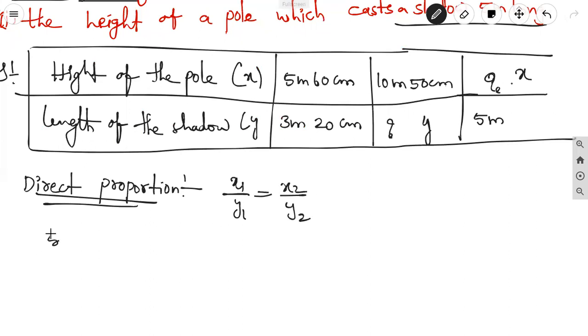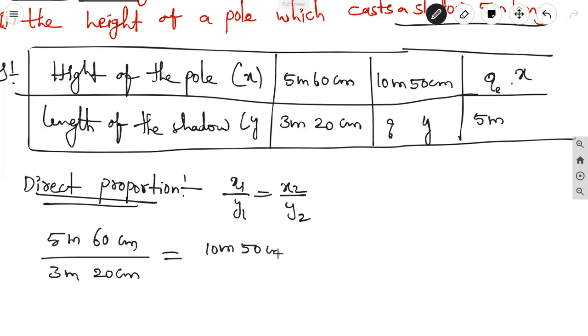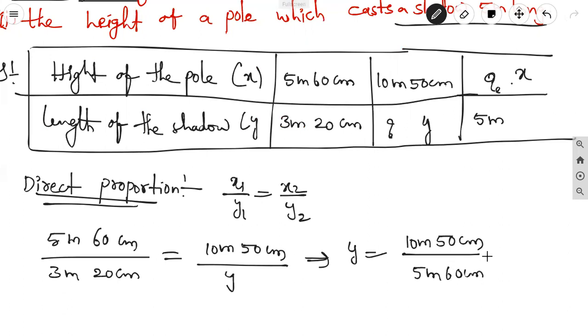From this, we write 5 meter 60 centimeter by 3 meter 20 centimeter equal to 10 meter 50 centimeter by y. Cross multiply: y equal to 10 meter 50 centimeter by 5 meter 60 centimeter into 3 meter 20 centimeter.